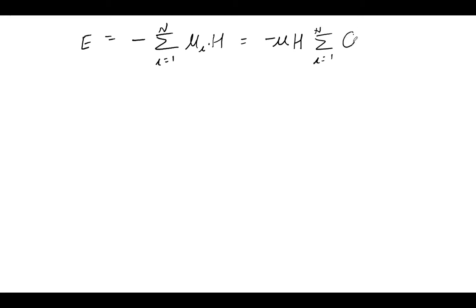So the potential energy of these dipoles is dependent upon the summation of i from 1 to n, where i represents the number of identical magnetic dipoles which are present, and mu i is the magnetic moment of the dipole, dot h, our external field which we have applied. So this equation becomes minus mu h summation of i from 1 to n.